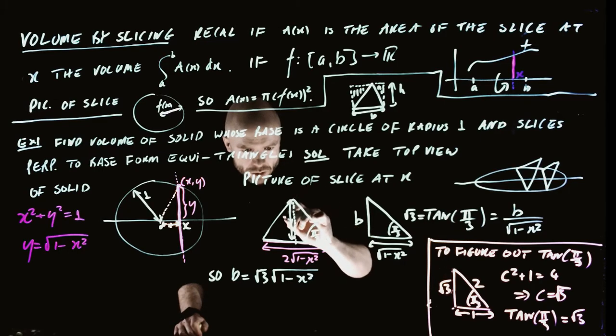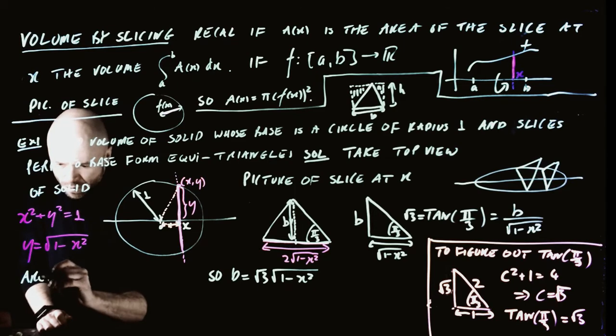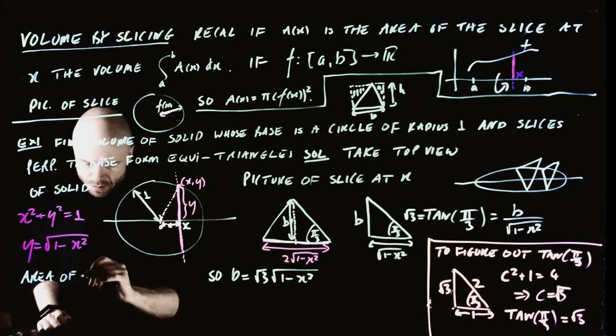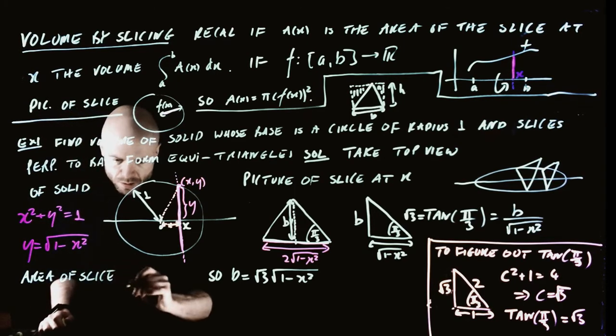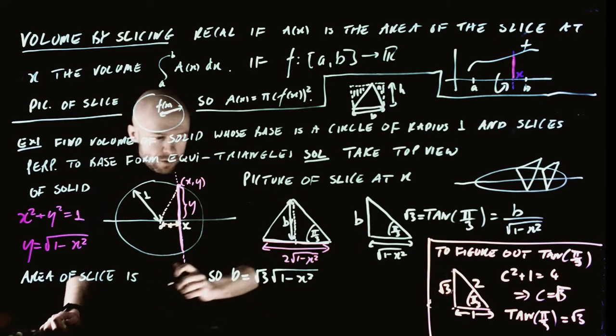This is the b that we just worked out. So therefore, the area of the slice is the height times the base over 2.